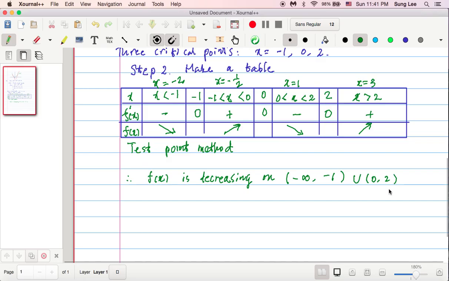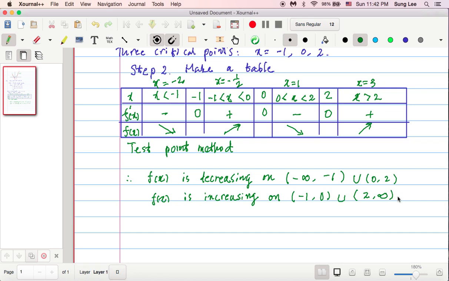So that's where the graph of f of x is decreasing, and f of x is increasing on the interval -1 to 0, open, union here, 2 to infinity. Okay, so that's going to be the answer.